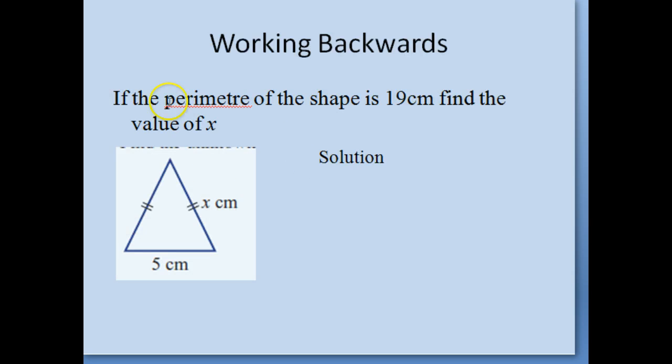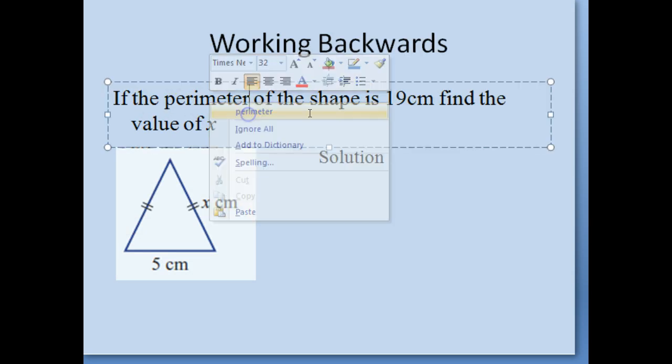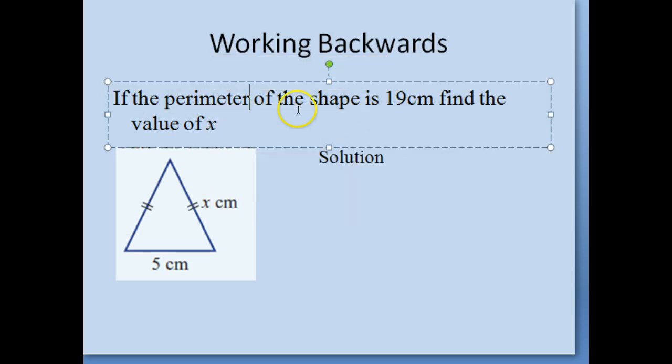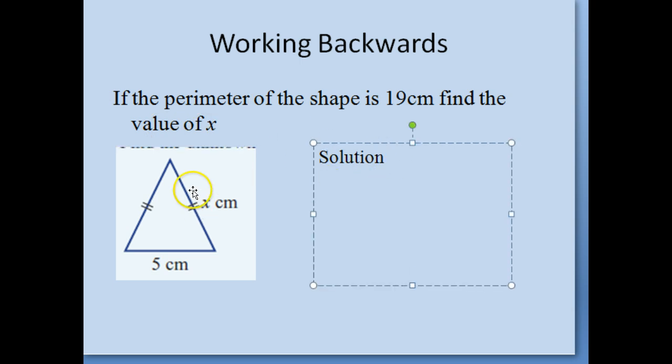Last question. Okay, so if the perimeter of the shape is 19 centimetres, find the value of x. Now we have these 2 sides here are both x, so that would be 2x plus 5 equals 19.